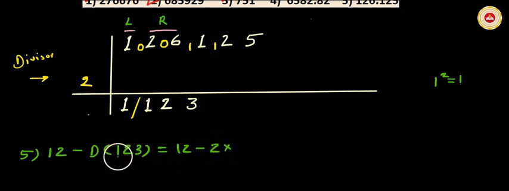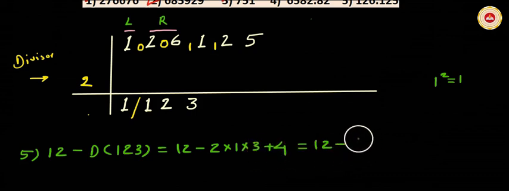So 2 times the product of the end digits plus the middle digit squared, that is 4, which gives us 12 minus 2 3s are 6 plus 4 is 10. Okay, so 12 minus 10 is equal to 2. This 2 is our new net dividend.